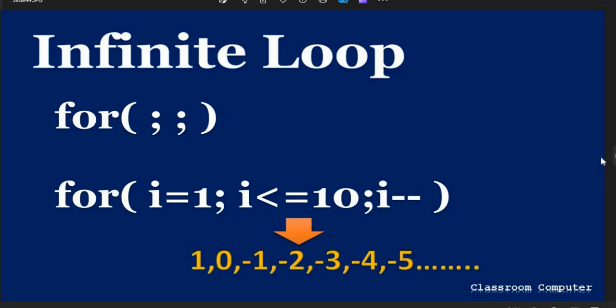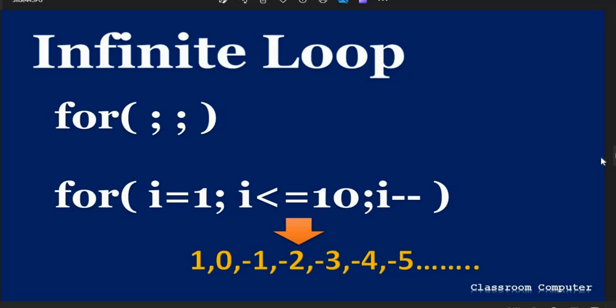How? Here you can see the loop starts from 1 and tries to go to 10. So the value of I should increase, but in the code, instead of I++, I write I--. That means I am decreasing the value of I by 1.